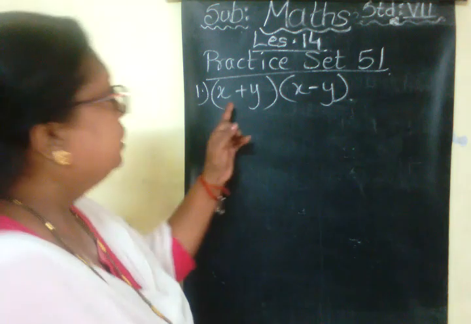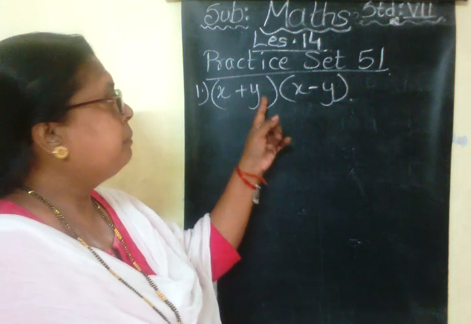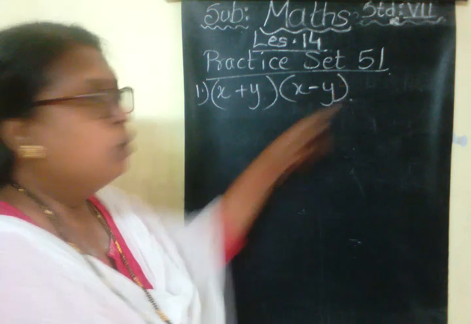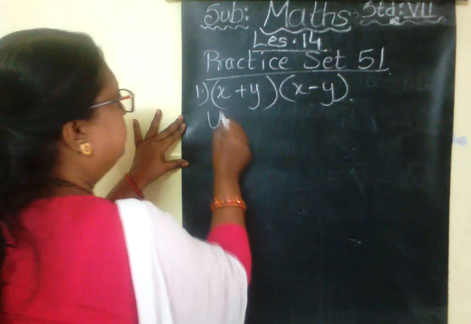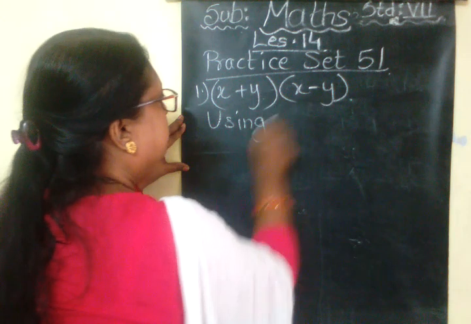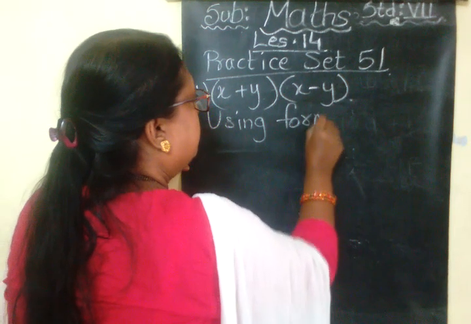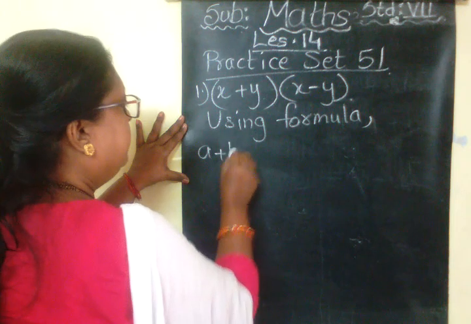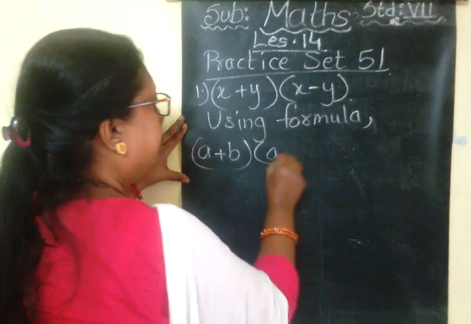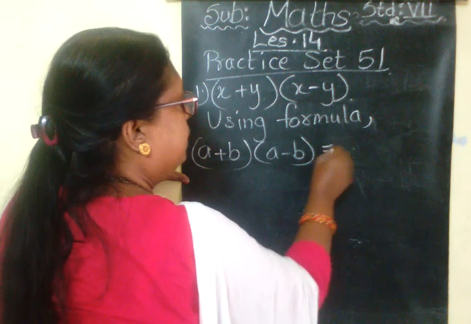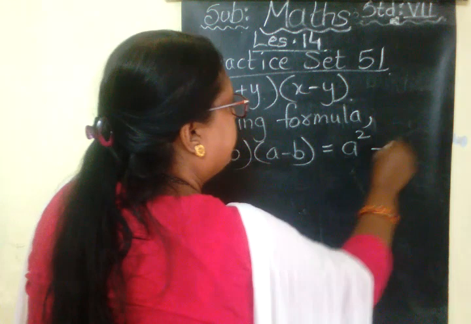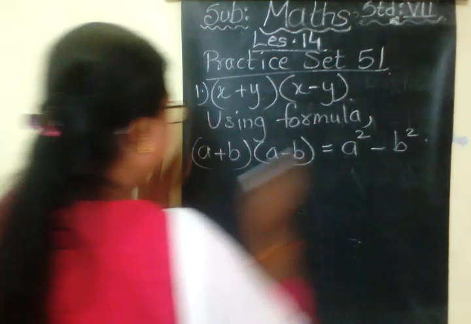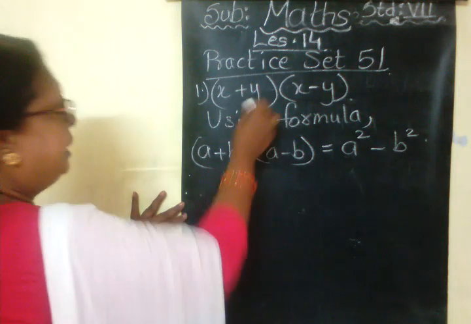Okay. Now these are in the form of a plus b, a minus b. So you have to use this formula. Using formula a plus b multiplied by a minus b equals a square minus b square. So instead of a and b, I will write x and y.